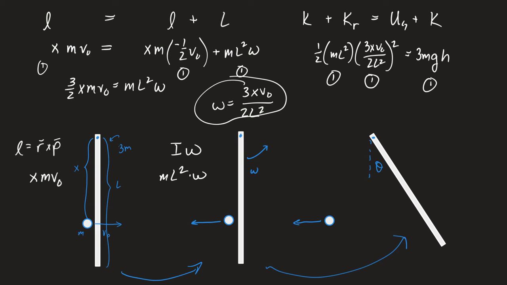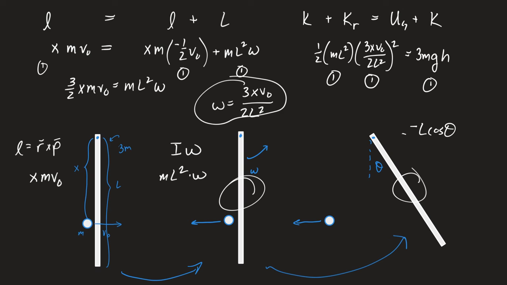But at this point, we haven't worked in the angles, so we know we can't leave it in terms of h, which means we're probably going to have to do that L minus L cosine theta thing. Except you can't use L here. You have to use L over 2. The center of mass is located at the middle of the bar. It's the middle of the bar that's being lifted.